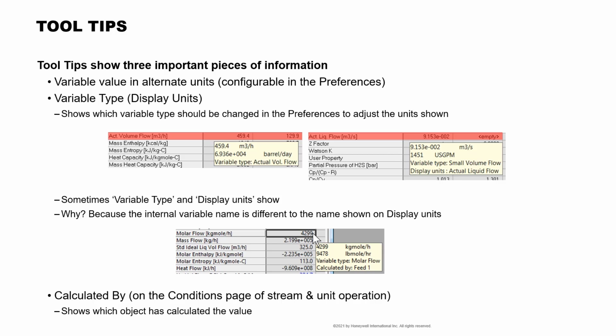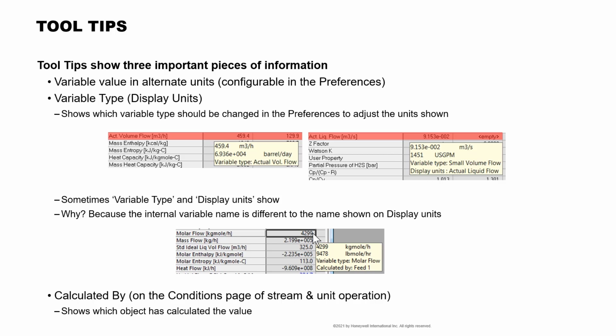Sometimes you see variable type, sometimes you see variable type as well as display units, and this is because the internal type name that UniSim Design is using, so the variable type, is different from the unit type you need to find in the preferences in order to change it. So I'll demonstrate that in a minute so it's clearer.